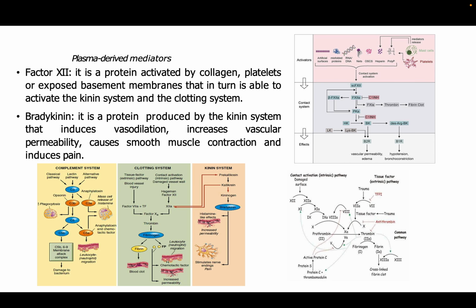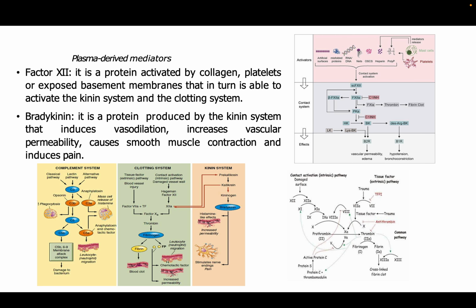But also, especially when you have tissue damage, for example here, like blood vessel injuries or damaged vessel walls, you have the activation of your clotting system, because now your system is like, okay, there is release of blood.